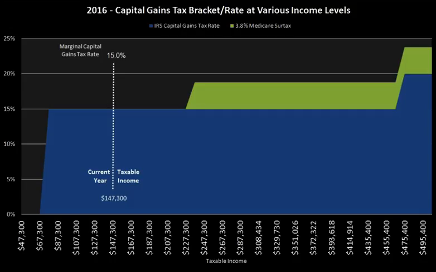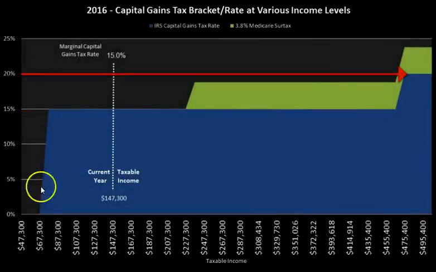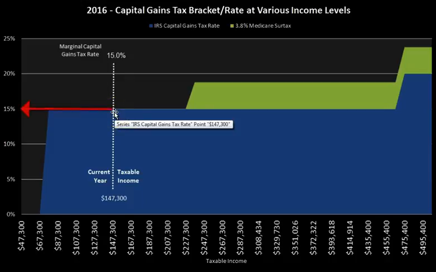So the advertised tax rate for capital gains is, again, there are three. There's 0, 15, and 20. And this is represented by this blue area, where if a taxable income is very low here, and you're in the 10 or 15% bracket, then your capital gains rate is 0. But as your income increases, and this client's income is $147,000, then they are in the 15% capital gains rate.